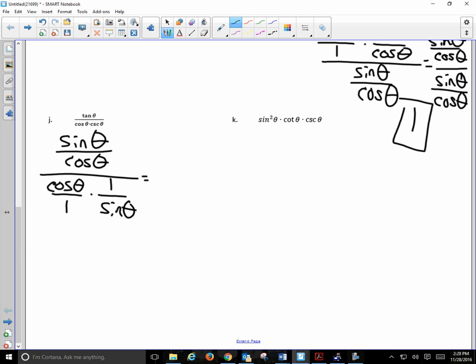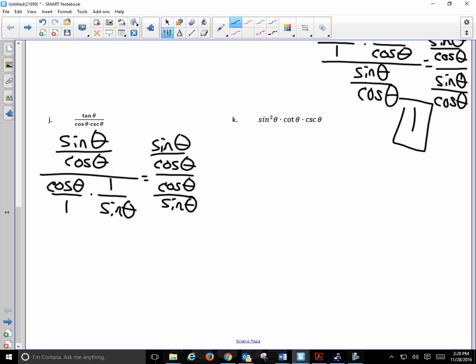And you get sine over cosine over sine. Are those the same things? No. They're not the same.